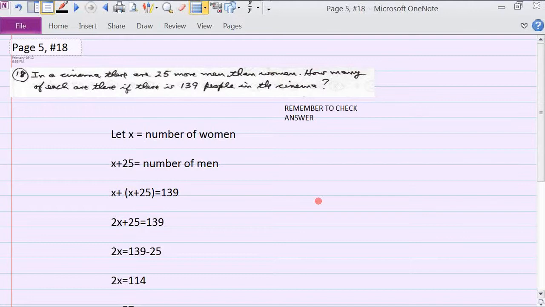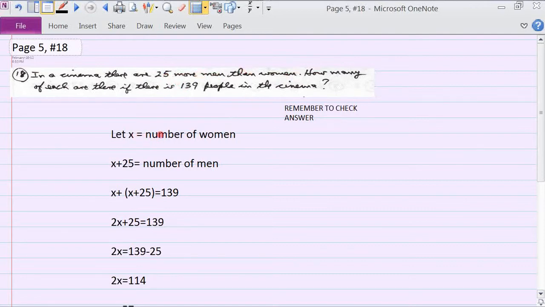Okay, next problem. In a cinema, there are 25 more men than women. How many of each are there if there are 139 people in the cinema? So, we let X equal the number of women, and we're told there are 25 more men than women.